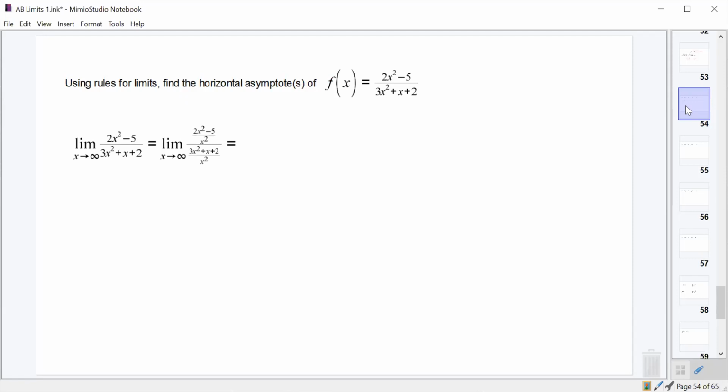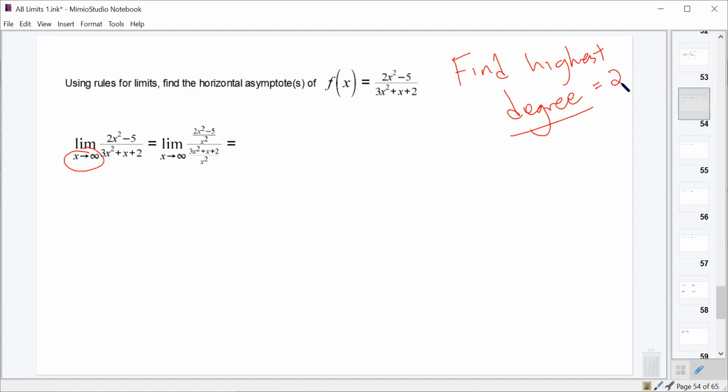Looking for a horizontal asymptote, we should be looking at a limit as x approaches infinity. So the way we're going to do this for any rational function is find the highest degree. So first off, what's the highest degree of any term in this rational function? Two.